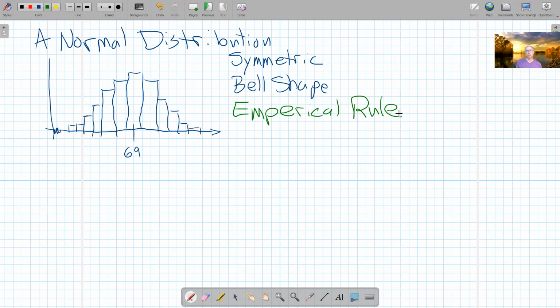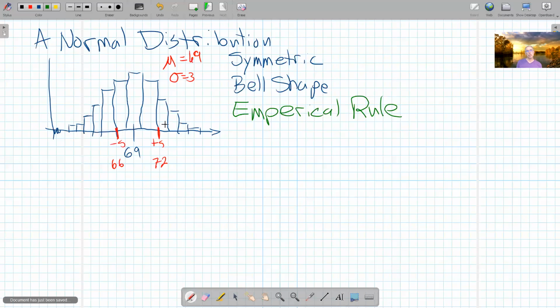And the empirical rule related to if this was 1 standard deviation to the left, so minus 1 s, and say this was 1 standard deviation to the right, so plus s, so 69 plus whatever the standard deviation is. So let's say sigma is 3, mu is 69, then this number right here would be 72, and this number would be 66 right there.